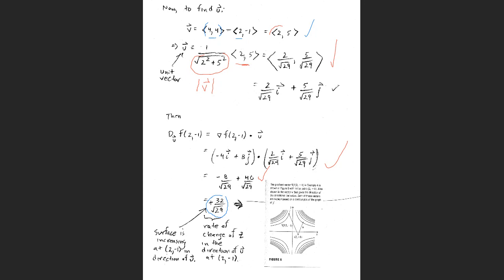Z is a function of x and y. It's how the surface is changing in the direction of the vector u at the point 2, -1. And since that is a positive value, we learned that when derivatives have positive values, the function's increasing.